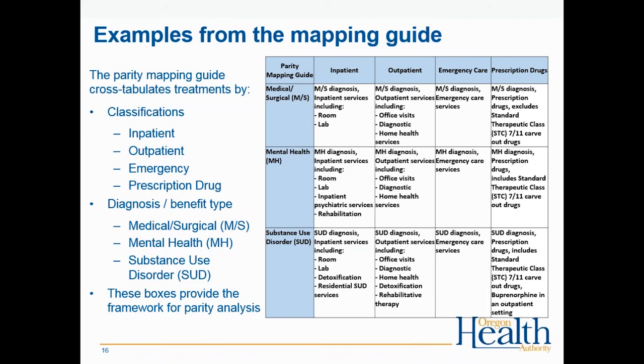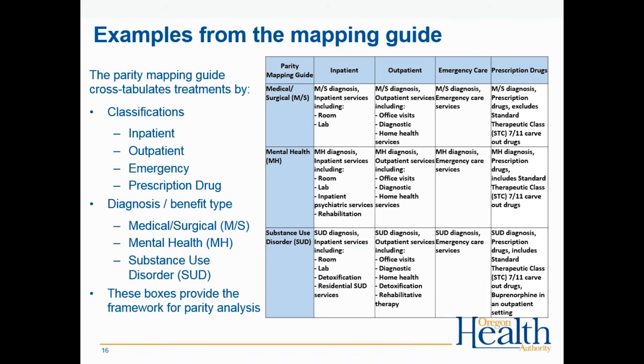Really, certain procedures and services can be any one of the three, and it just depends on the diagnosis. Looking at this mental health and inpatient services, we have familiar things like room and lab and other typical inpatient services, but it also includes inpatient psychiatric services and rehabilitation.